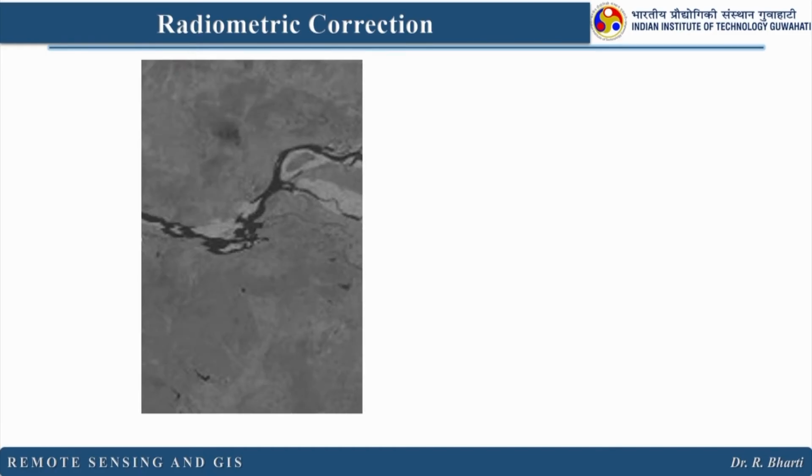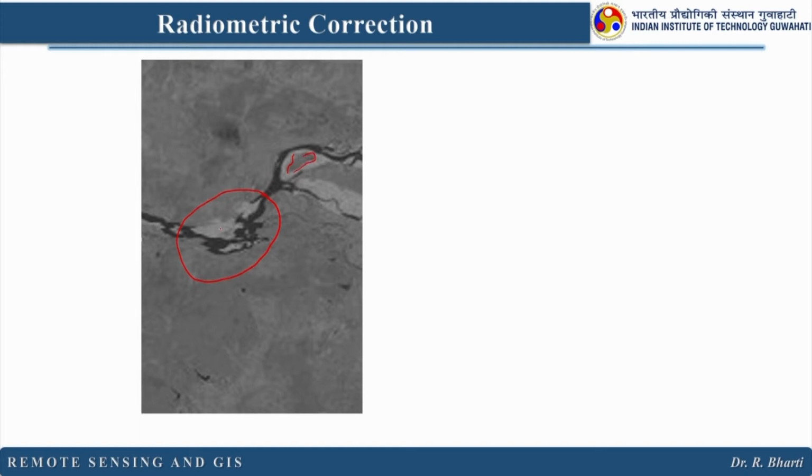So here you can see, this is one example where if you critically go through it, you will find that compared to other areas, this area looks a little bit more hazy, right. So what it indicates, if this is a river channel, you can see all these boundaries very clearly, right.